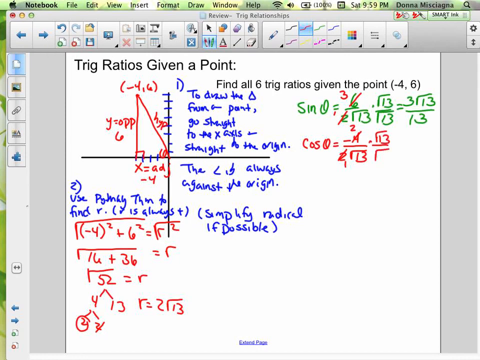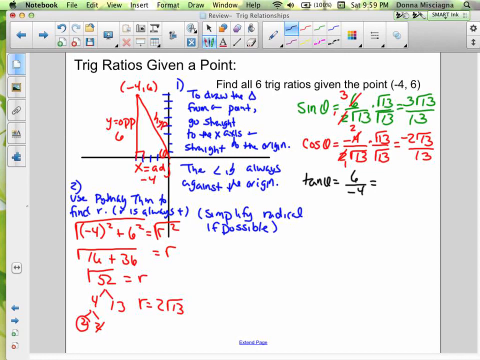Multiply numerator and denominator by the square root of 13. In the numerator, we'll have negative 2 square roots of 13. We're expecting a negative answer. Square root of 13 times square root of 13 is simply 13. It's going to be the square root of 169. What's that? Just 13. All right, and then let's find tangent theta, which is the opposite side, which is 6, divided by the adjacent side.